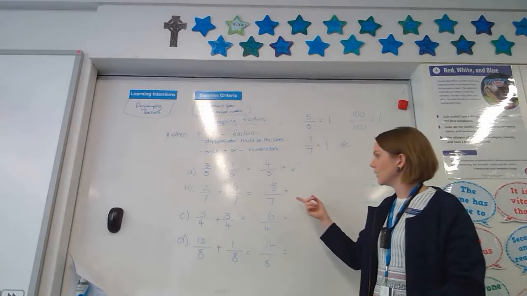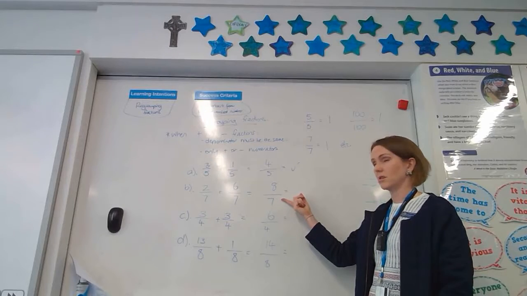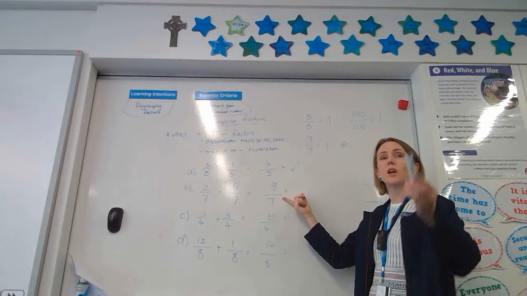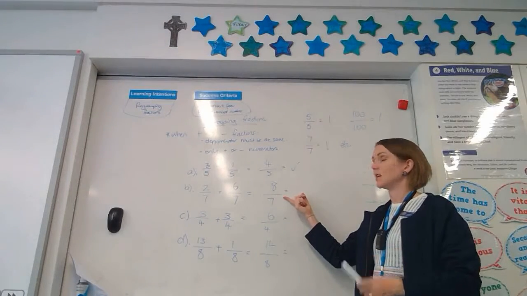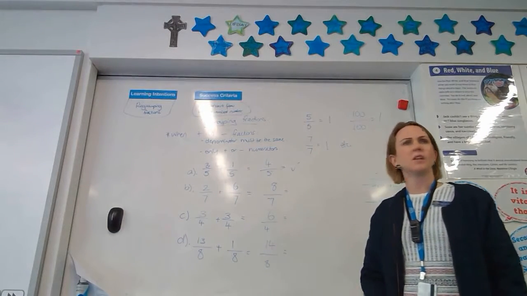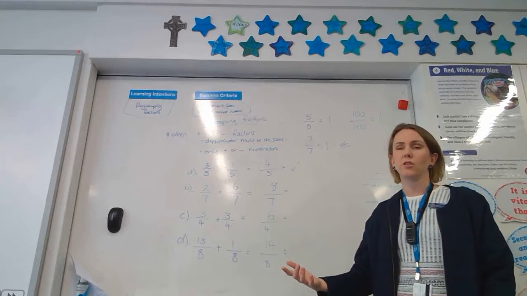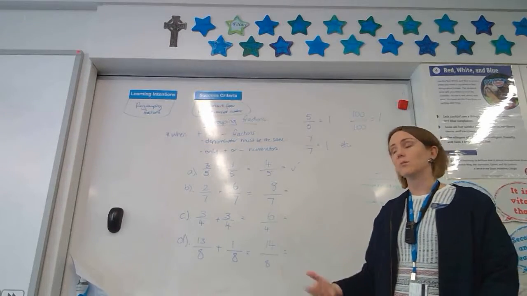But this one here, what type of number is this? What type of fraction is this now? With a hand up, not calling out, Elfie. It is an improper fraction. And whenever we have that in our answer, it's not wrong, but we need to simplify it further. And we do that by changing it to a mixed number.